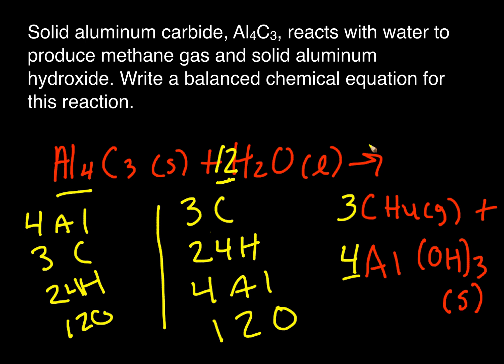So my coefficients would read 1, 12, 3, 4. Now, if you have coefficients, we could reduce them to the lowest terms. But in this case, we cannot, because aluminum carbide has a coefficient of 1.